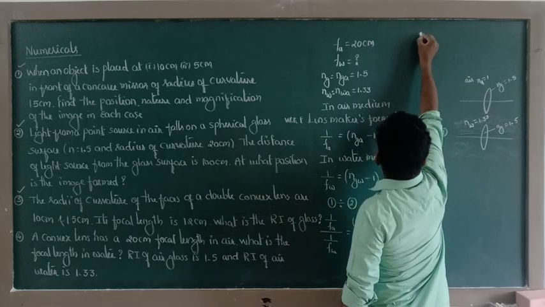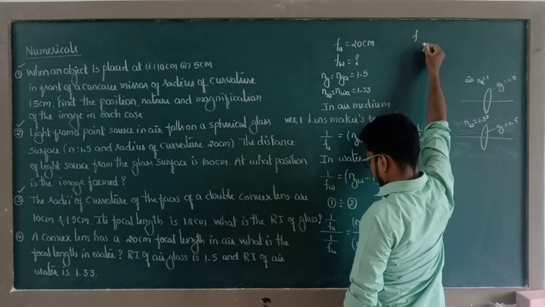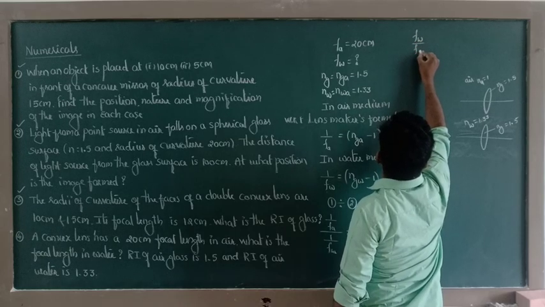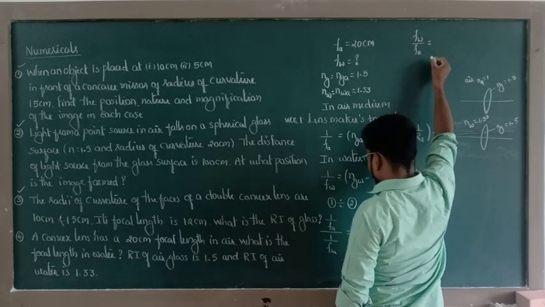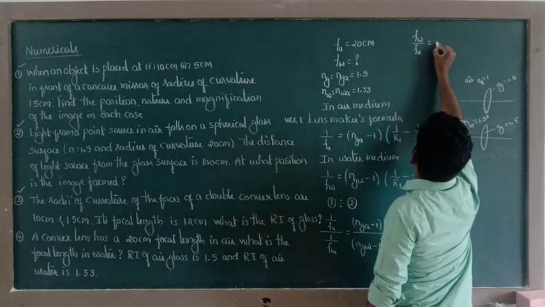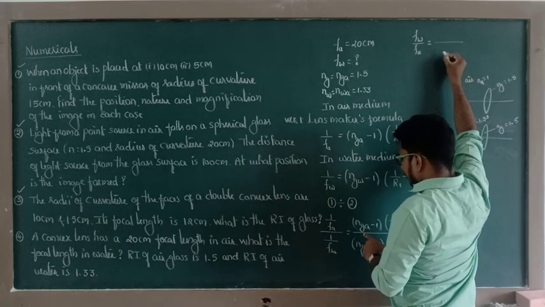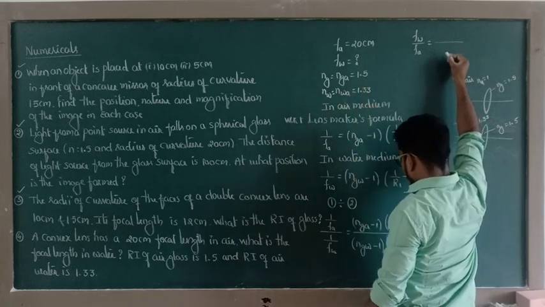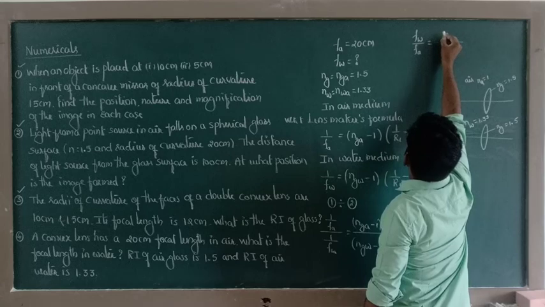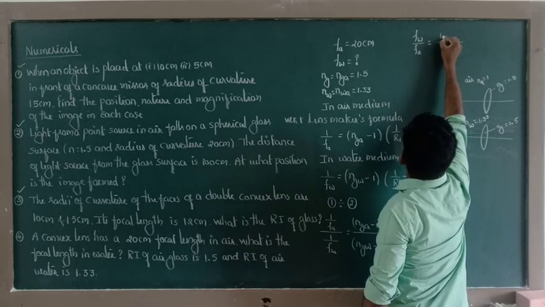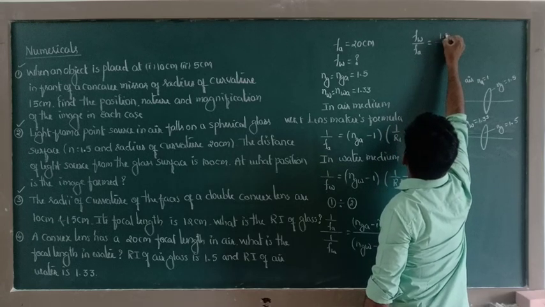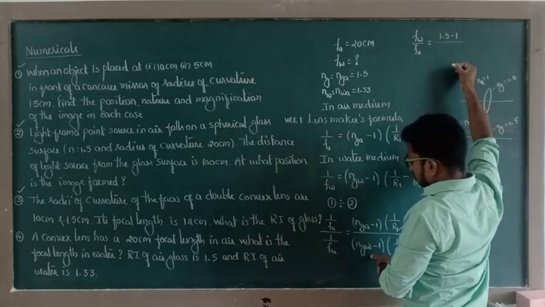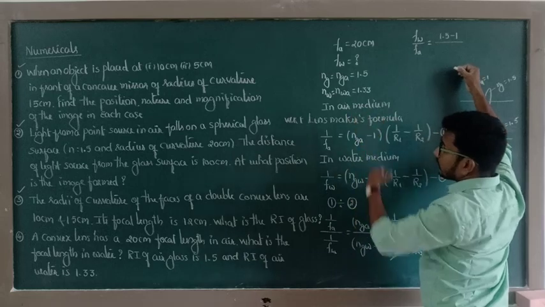Focal length of lens in water divided by focal length of lens in air is equal to the refractive index of glass with respect to air, we know that 1.5, minus 1, divided by the refractive index of glass with respect to water. We don't know that value.